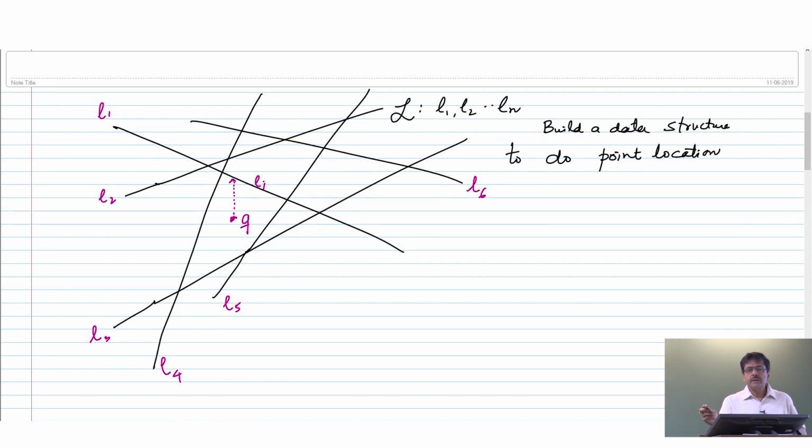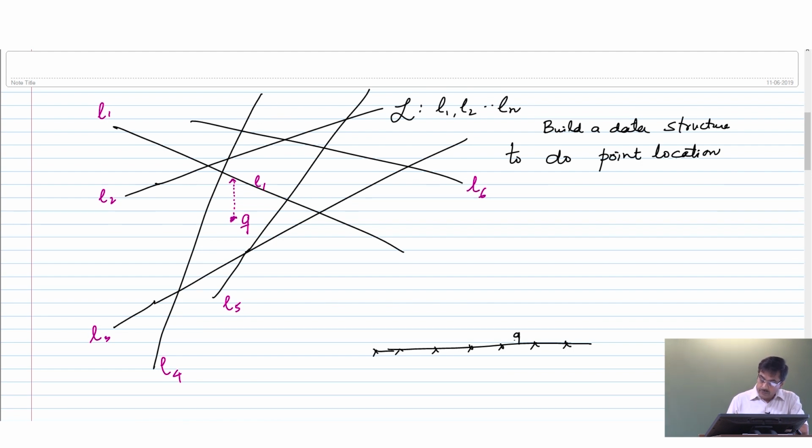So this is quite a standard problem in geometry. Now, how do you go about solving this? Well, one possible technique, very simple actually, is a generalization of the binary search that you do. If I had one dimensional objects like points on a line, and then I wanted to do a binary search query.